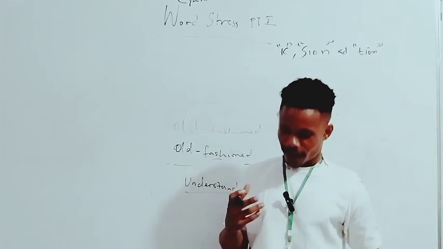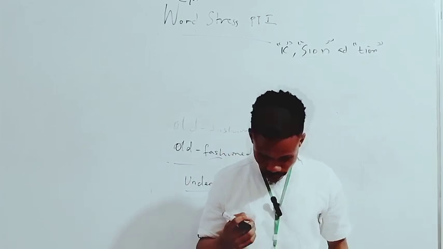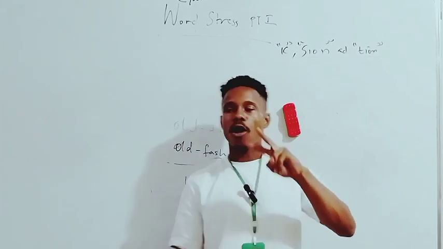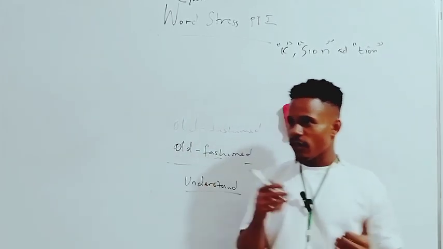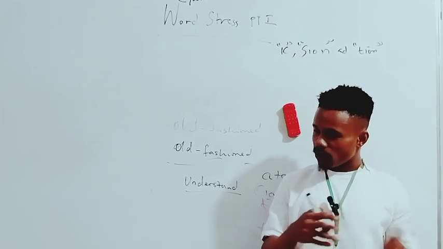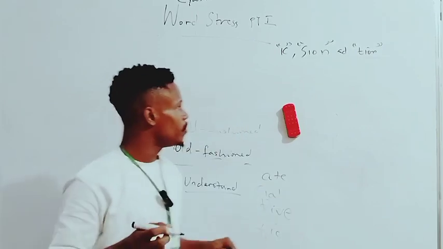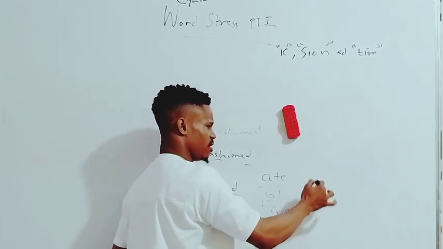Where do you stress? Remember, I've given you 2 rules now. I've given you compound noun, right? An adjective, right? And then I've given you compound verb. You might also come across words that end in able, something like this, right?